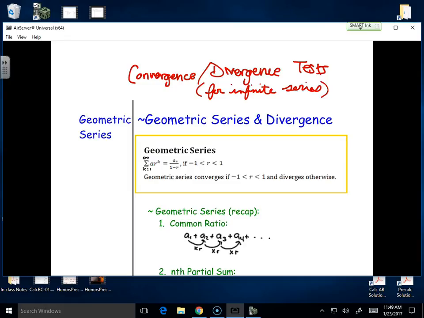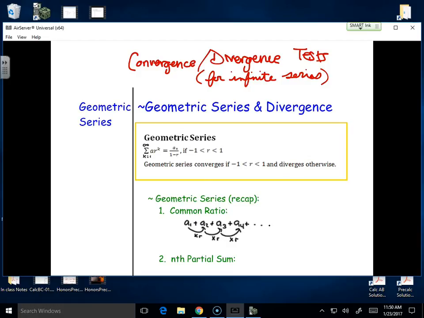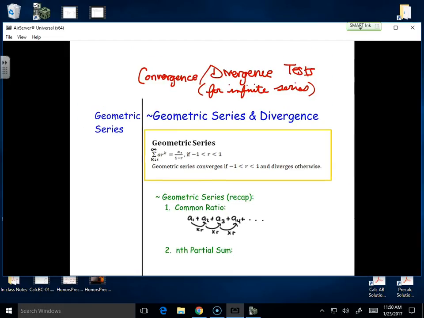But the problem is we need about 9 tests. These are only 2. Sometimes they apply, sometimes they don't. So, out of the 9 different convergence and divergence tests, here is test number 1 and test number 2.